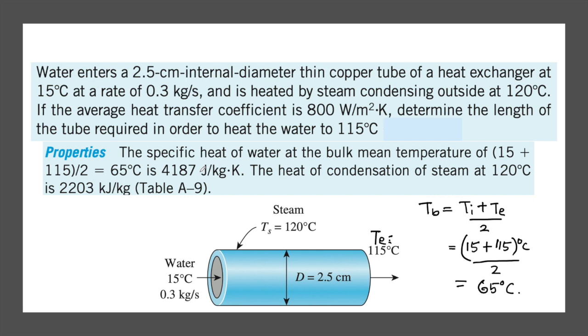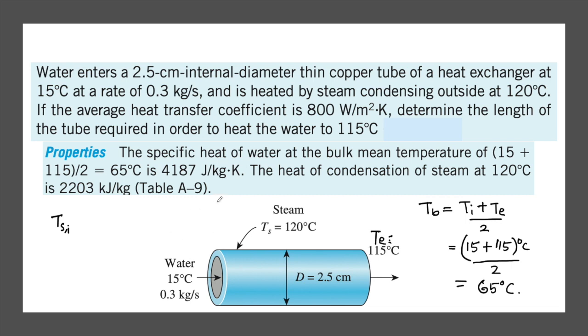And the heat of condensation of steam at 120 degrees Celsius, okay, 2203. So 120 degrees Celsius is the phase temperature. Okay, let me explain about Ts. Previously, I already mentioned that Ts is Tsi for the equation in internal forced convection.